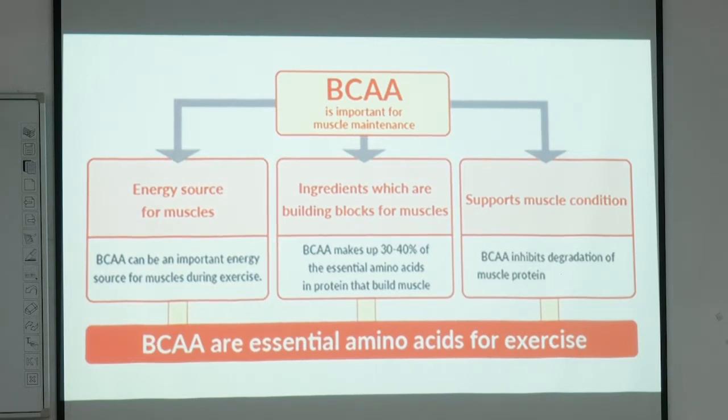So many people take branch chain amino acids when they are exercising. When a person is exercising, these amino acids help the growth of the muscles.